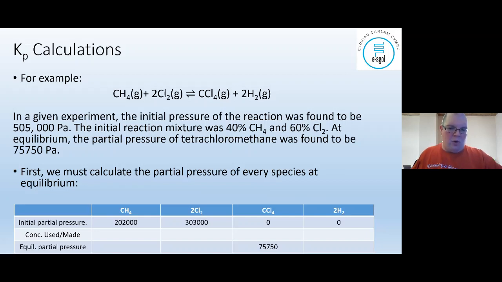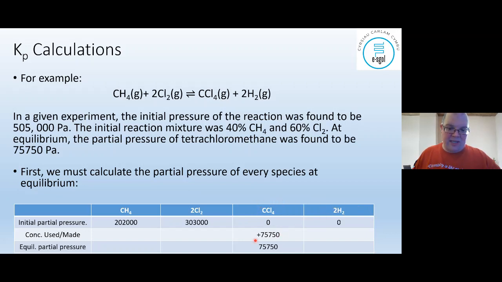So again, we can work through this. This is all we know, but we know, for example, that we must have added 75,750 pascals. And that should say pressure used or made, not conc. I apologize for that. So again, we use the stoichiometry to work out our values. Looking at the products again, 1:2 ratio.